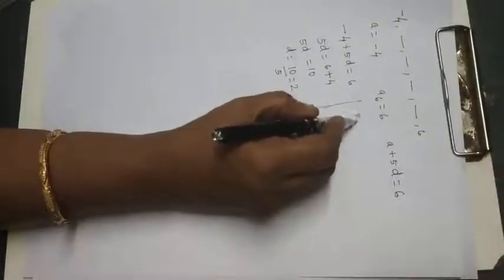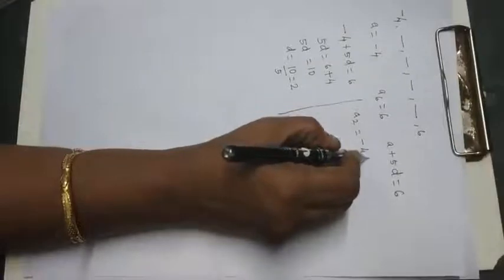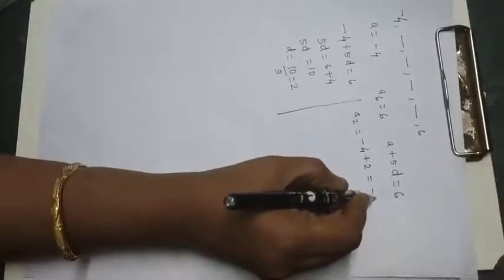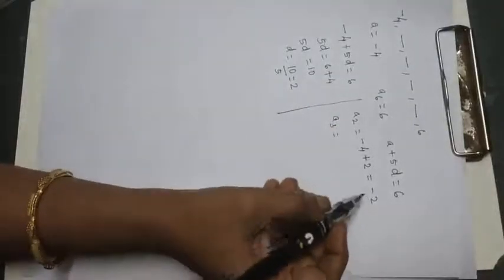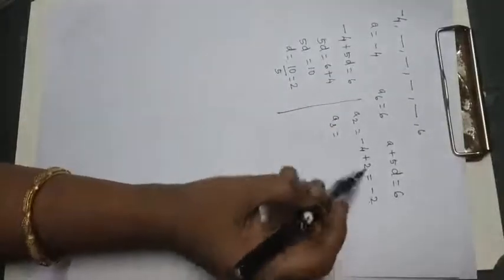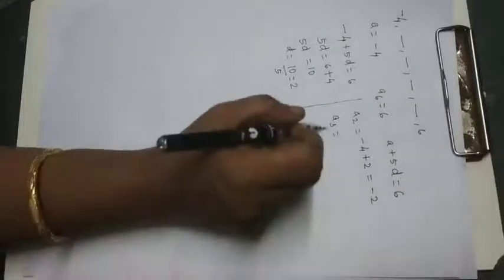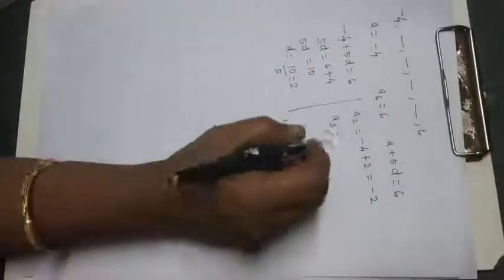Then how will you find out A2? A2 is equal to A plus D, that is negative 4 plus 2, that is negative 2. Now A3, how will you get? Negative 2 plus 2, 0. Like that you can do, or by using the formula you can do.